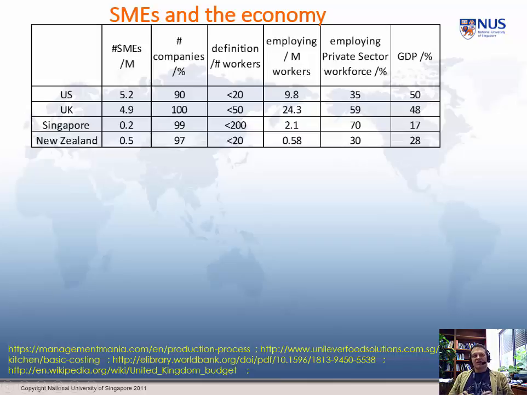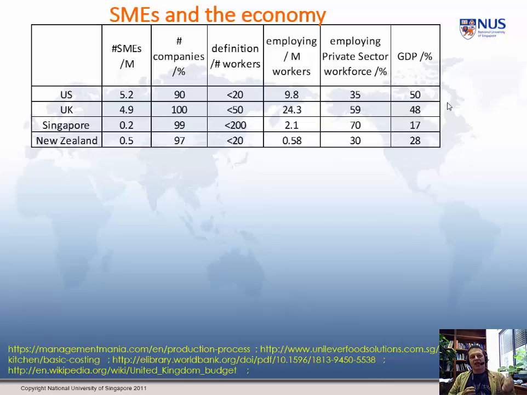So in terms of how the economy works, these SMEs, almost in whatever jurisdiction you want to choose, are pretty much important. And in the larger economies, note, they're responsible for about half of GDP. GDP is gross domestic product, and it takes into account all of the money changing hands, all of the transactions.